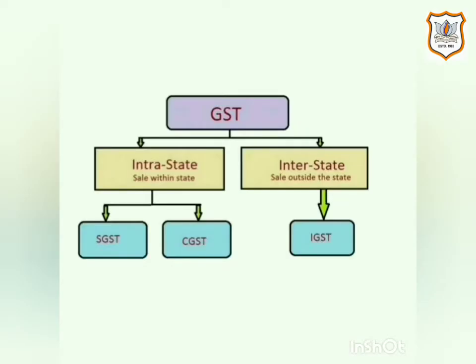So let me explain you along with examples. Here are the two classifications which come under GST. Generally, the CGST and SGST are applicable for intrastate, and the last one is IGST. This is applicable for interstate. So now I explain you what is intrastate and interstate.